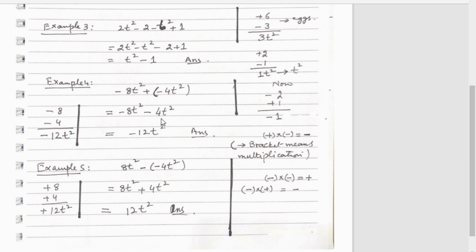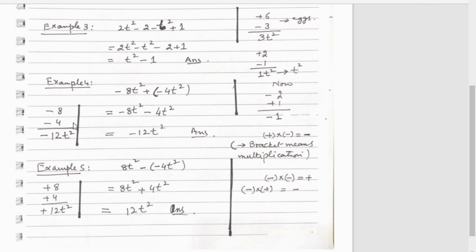The same situation as in previous examples is in front of you. Only the sign discussion is left. Minus 8 and minus 4: minus 8t square, minus 4t square. We will take the coefficients and write them down in rough work on the side of your page. Minus 8 and minus 4.